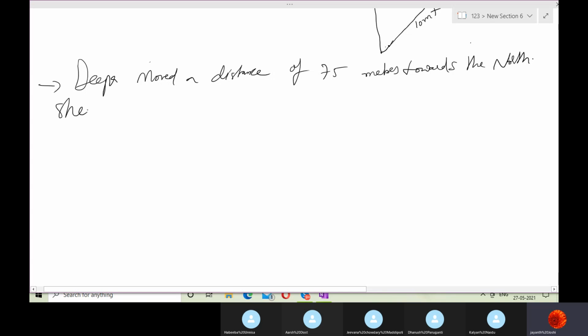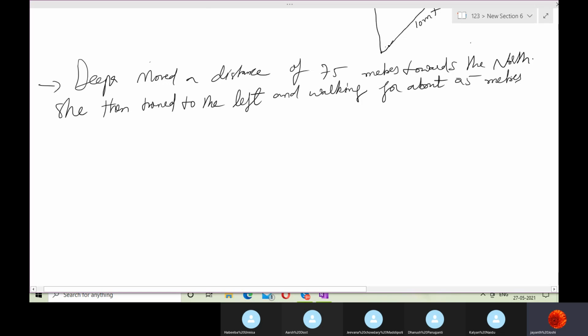She then turned to the left and, walking for about 25 meters, turned left.